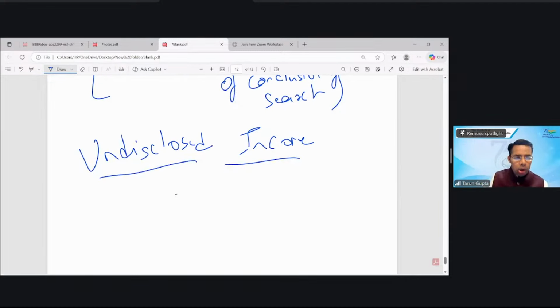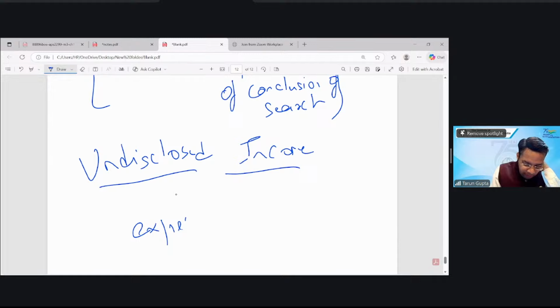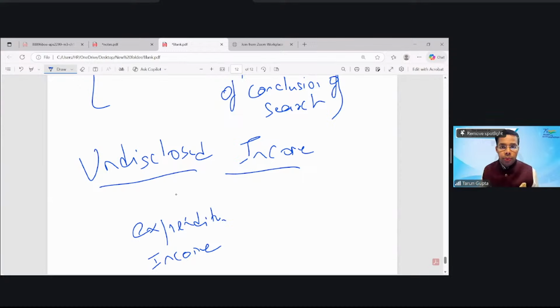So secondly, undisclosed income. What is the undisclosed income? Come in the notes. Undisclosed income means any money, bullion, jewelry, valuable article, virtual digital assets, or any expenditure or any income which is not disclosed.